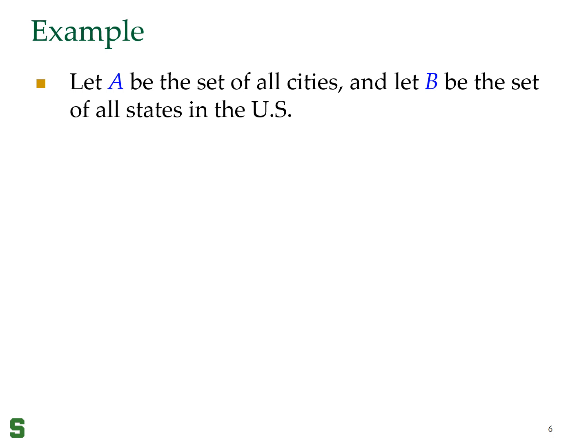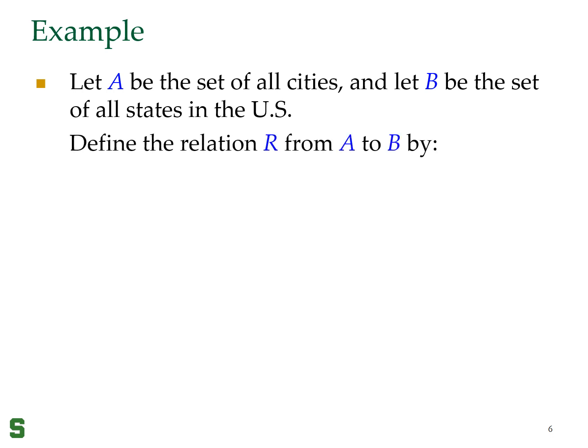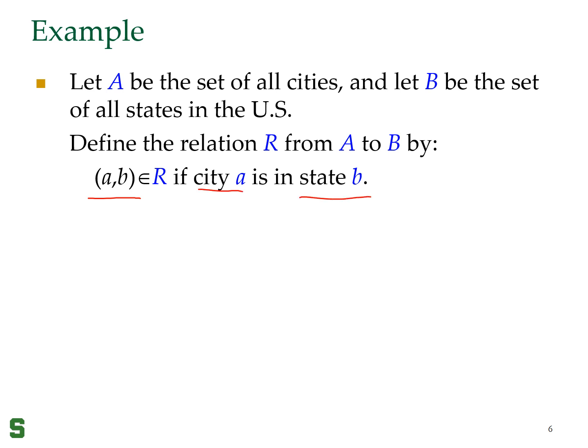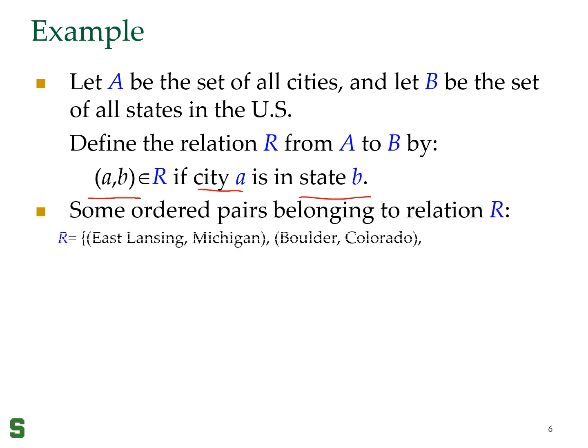So let's look at an example. Here A is the set of all cities, B is the set of all states. We can define the relation R from A to B as: I want pairs (a, b) to be in the relation if city a is in state b. So some of the instances that I would have here are East Lansing is in Michigan, Boulder is in Colorado, Chicago is in Illinois, Columbus is in Ohio, and so on.